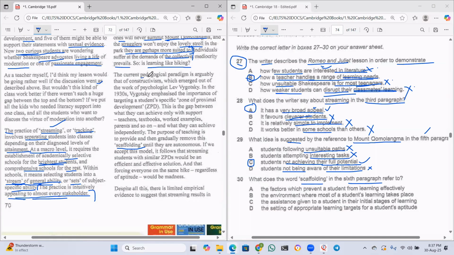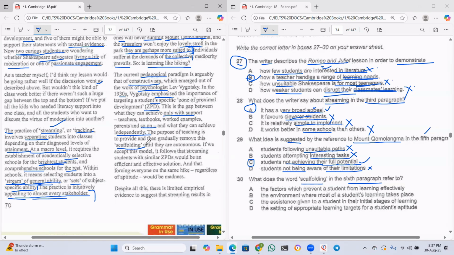The current pedagogical paradigm is arguably that of constructivism, which emerged out of the work of psychologist Lev Vygotsky. In the 1930s, he emphasized the importance of targeting a student's specific zone of proximal development, ZPD. This is a gap between what they can achieve only with support, teachers, textbooks, worked examples, parents, and so on, and what they can achieve independently.